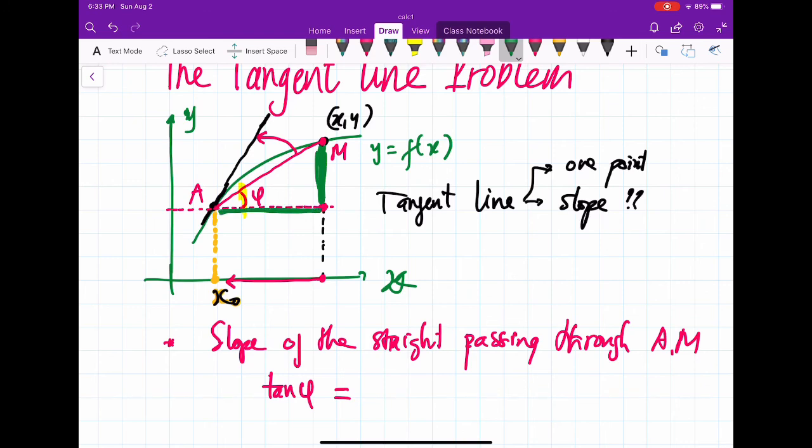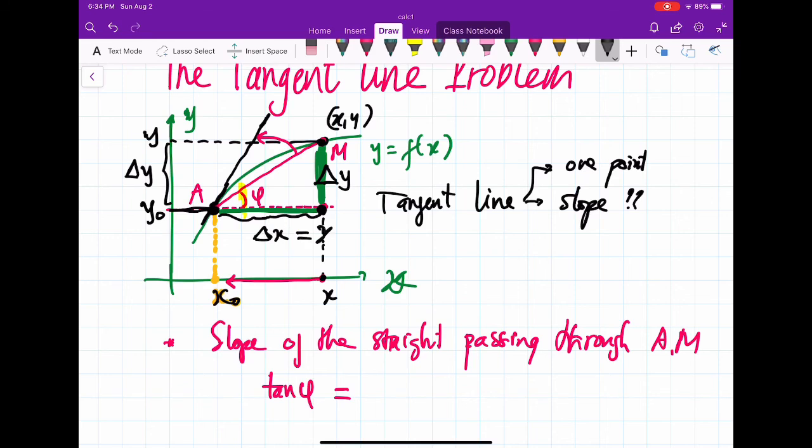But what is this? This is just delta y, right? Suppose this is x0 and y0. So you move to the x and y, so you have the y in here. So this distance is just delta y. Is that correct? That is the change in the function value. And this part is nothing but delta x, which is equal to x minus x0, right?